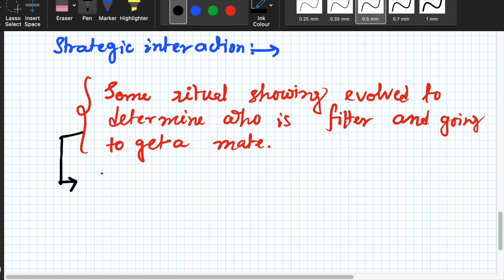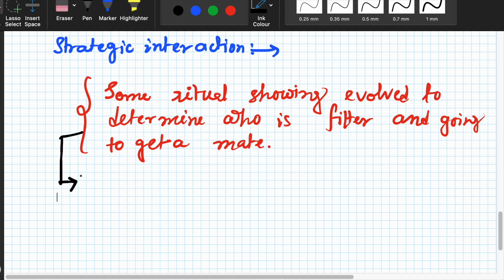Now obviously, if you go for the example of the deer, you will find that some individuals are very aggressive, they always want to escalate the fights. However, there will be some individuals who are dormant, they don't want to fight that much, they don't want to show such aggressiveness.